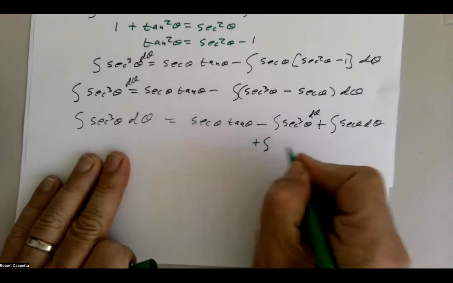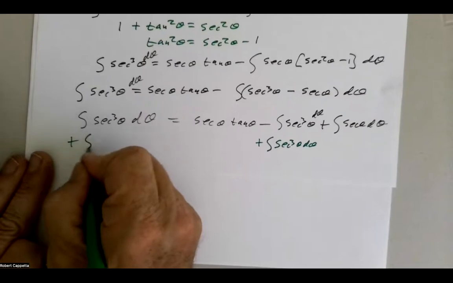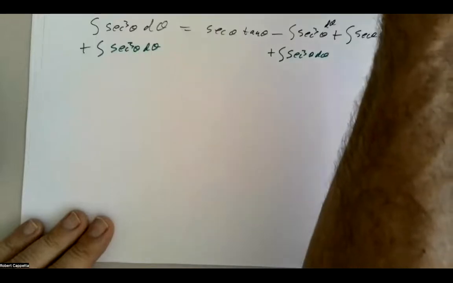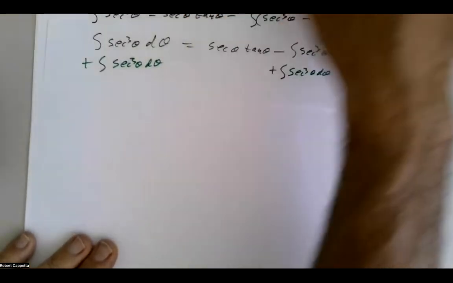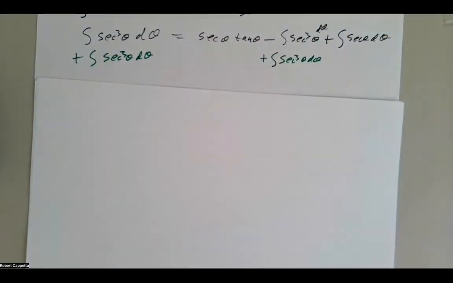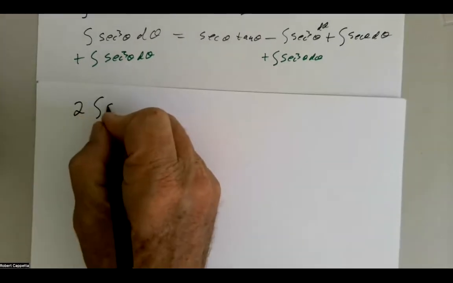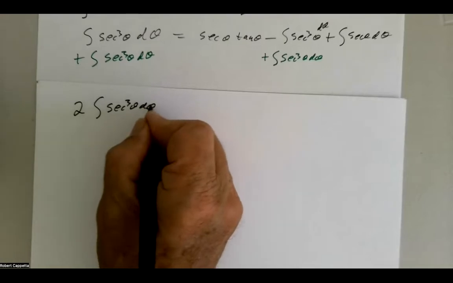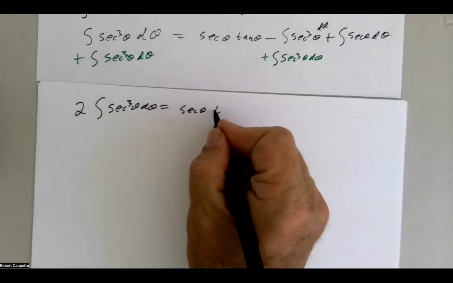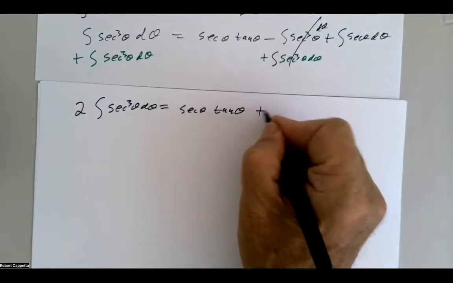Secant cubed plus secant cubed is twice the integral of sec cubed theta d theta, which equals sec theta tan theta plus the integral of secant theta.